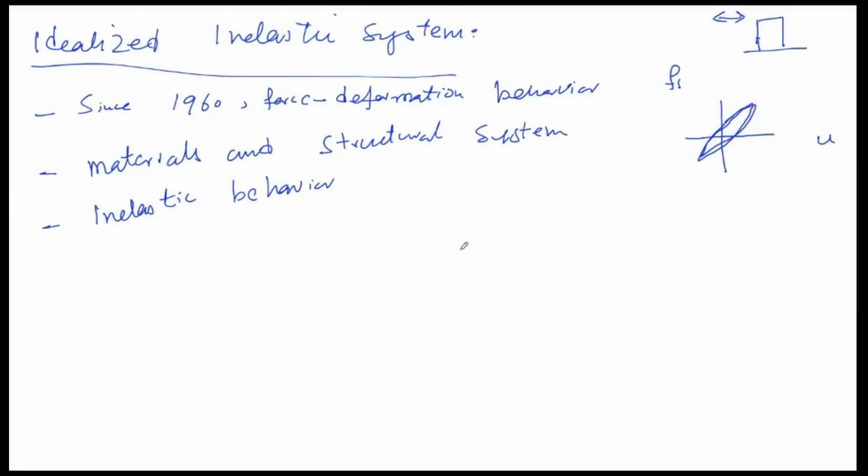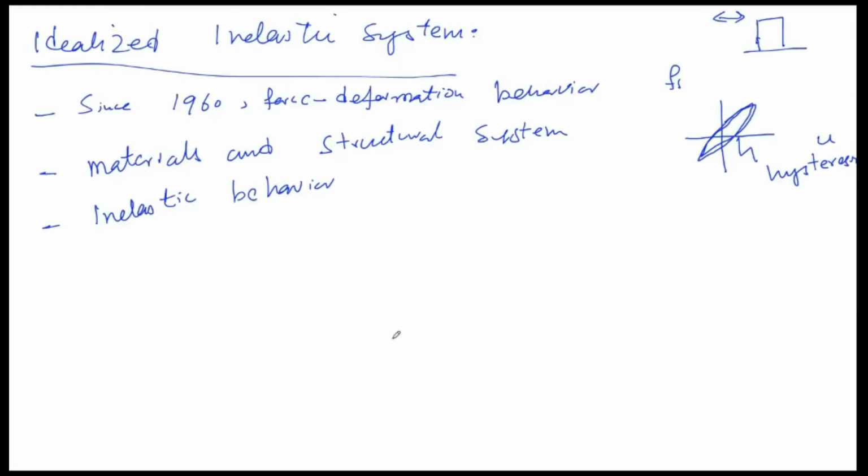So it's not a linear behavior of force and displacement, but rather it has a certain loop. The loop is called the hysteresis. Okay, so this implies that the behavior of these structure systems is inelastic.